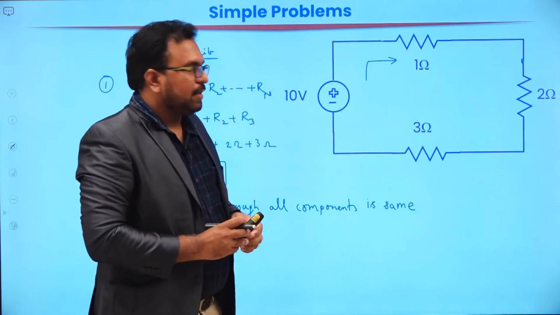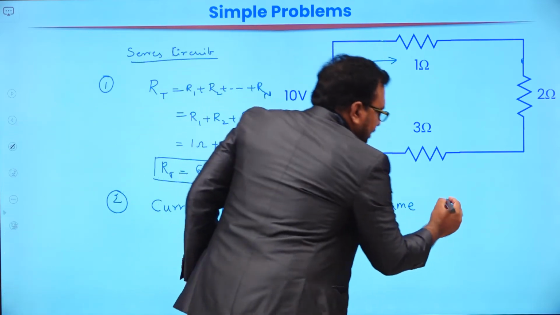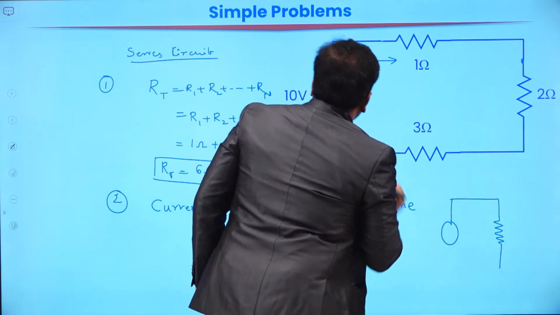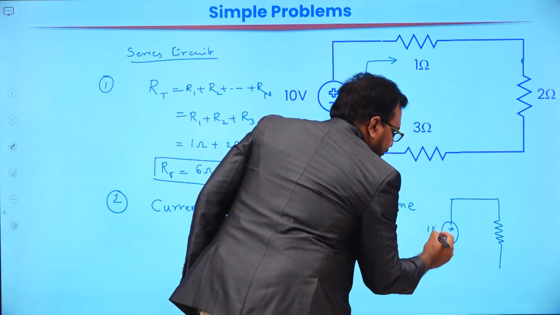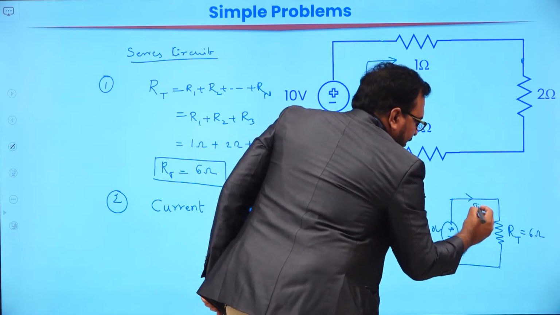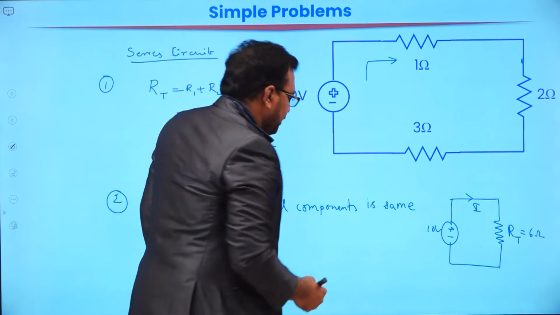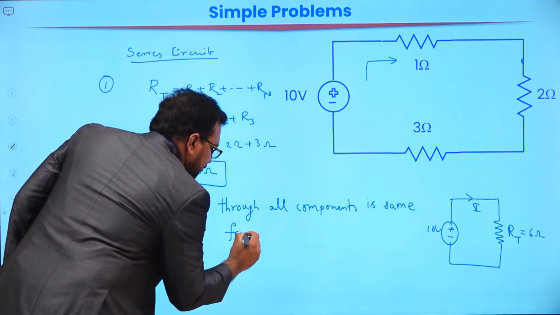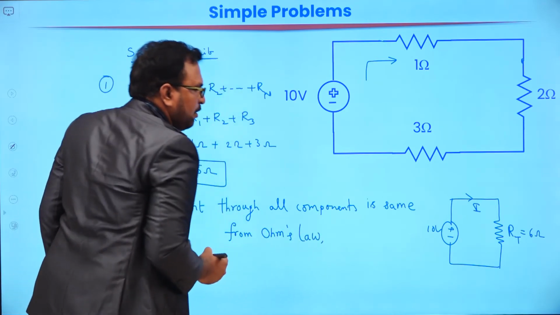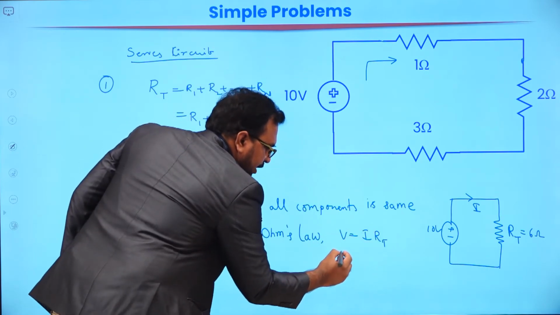Now how will you calculate the current? You know the total resistance value is 6 ohms. That means you can remove the 3 resistors and place a single resistor and apply the voltage here, 10 volts. And what is the value of this resistor? 6 ohms. Now, how will you calculate the current flowing through the circuit? From Ohm's law. We know that V is equal to I into RT. The given value V is 10.